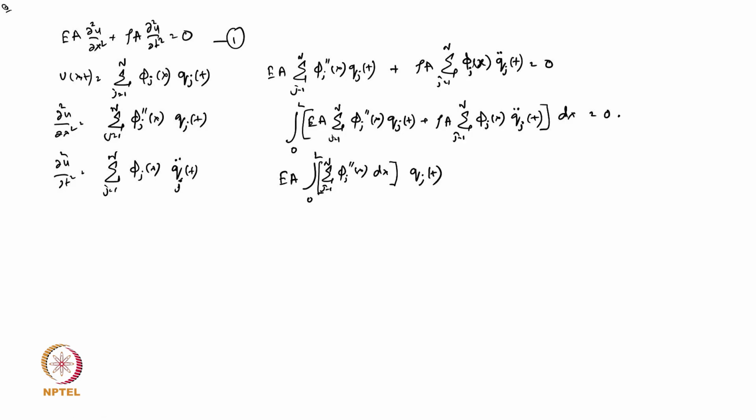Can I write it this way? Plus rho A, integral 0 to L, summation phi j x dx, q double dot j t, that is equal to 0.